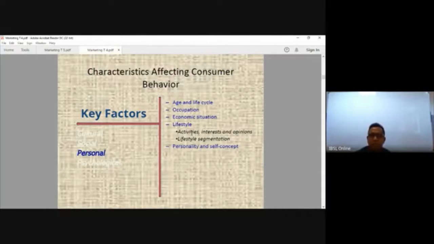They go to pubs and restaurants, nightlife. They are not at home, they are going and enjoying with friends. So these are different. They have different activities, interests, and opinions that also will have an impact on buying behavior.